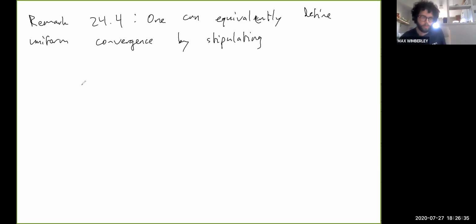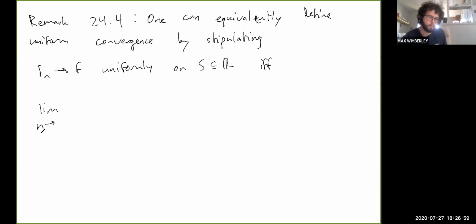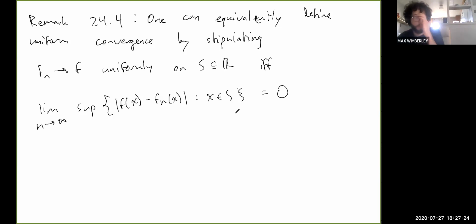They're just saying, Fn goes to F uniformly on S if and only if the limit as n approaches infinity of the supremum of |f(x) - fn(x)| for x in S equals 0, right?